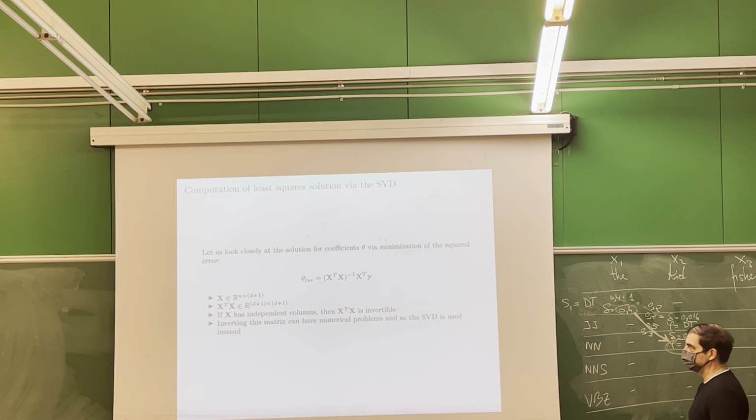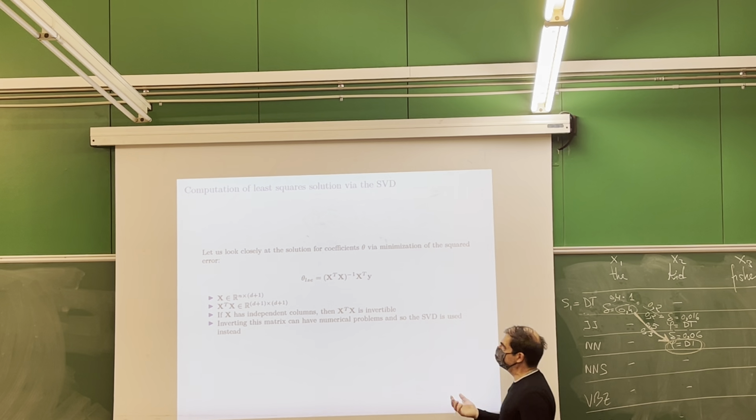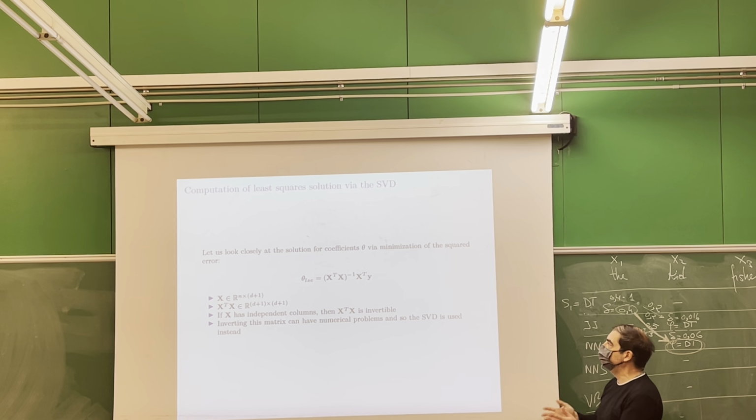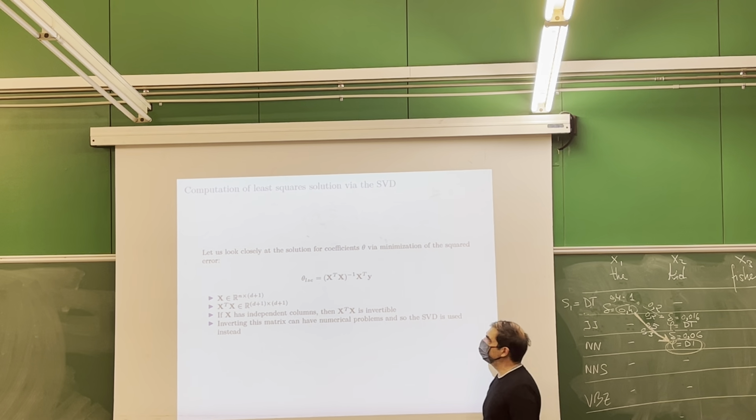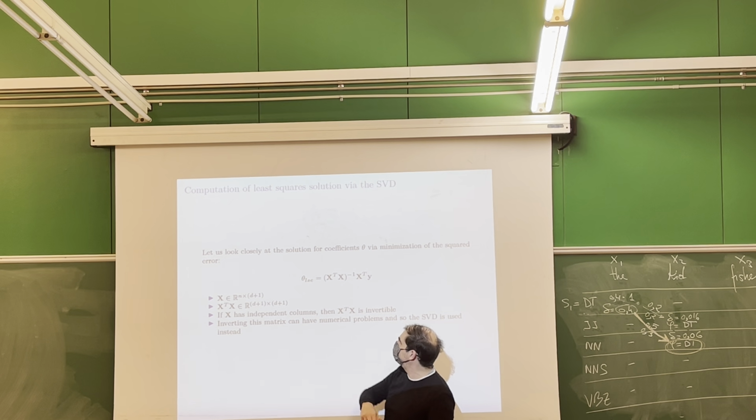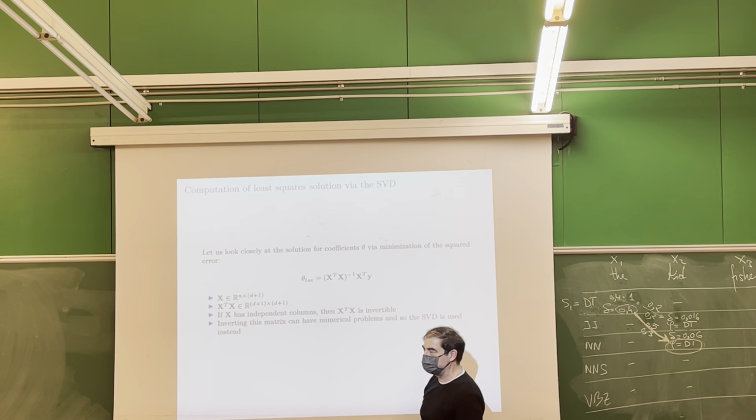You cannot invert this matrix directly. Even when they are independent but are very close, you have numerical instabilities that make it hard to compute meaningful values for the parameter.